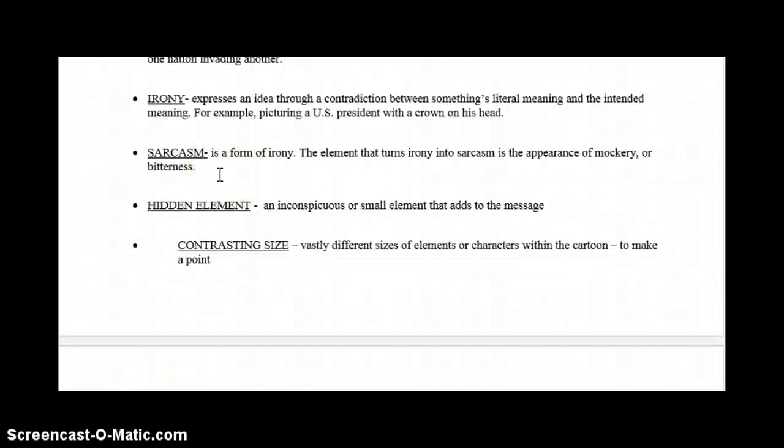A fifth type of technique used by political cartoonists is called sarcasm. Sarcasm is a type of irony. And basically sarcasm is a way of poking fun or making a mockery of an appearance in order to make a point.